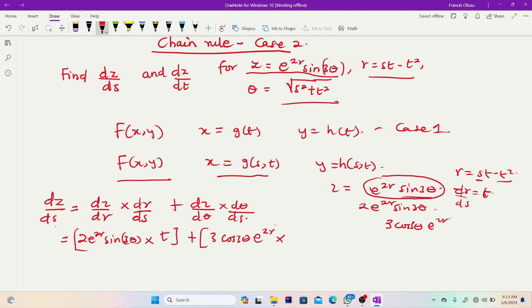So the theta on s is giving us the square root of s squared plus t squared. This is the same as s squared plus t squared to the power negative one half, right?